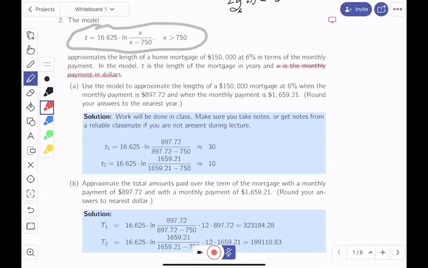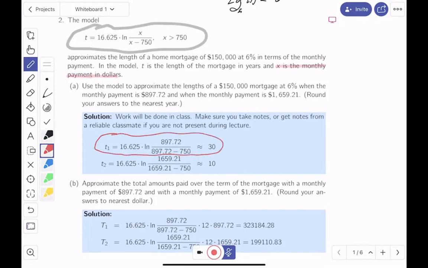So I'm looking at that, and I'm going to say I could definitely plug in those numbers in the formula. And what I mean by that is looking back over here, this is just the formula that they've given me with the monthly payment of $897.72. What does it return for T? What's T? T is the length of the mortgage in years.